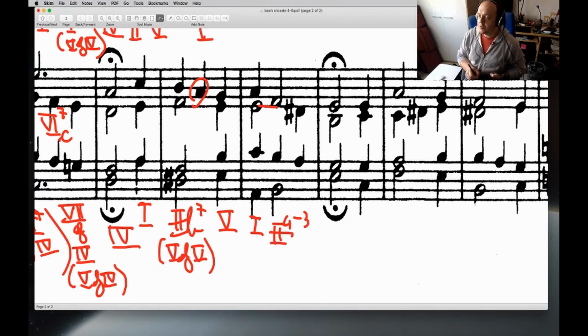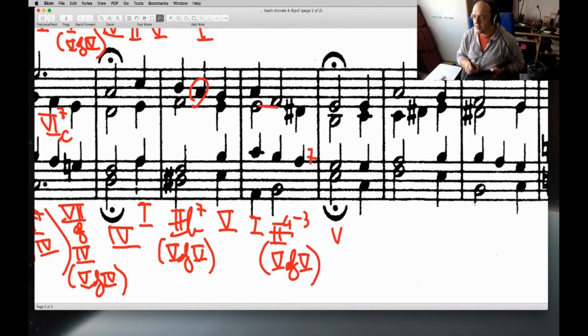As the 4th resolves to the 3rd, right there I have this tenor passing to the 7th. So there's lots of interest there. And then 2 chromatic functioning as 5 of 5. Where does it go? It goes to 5.